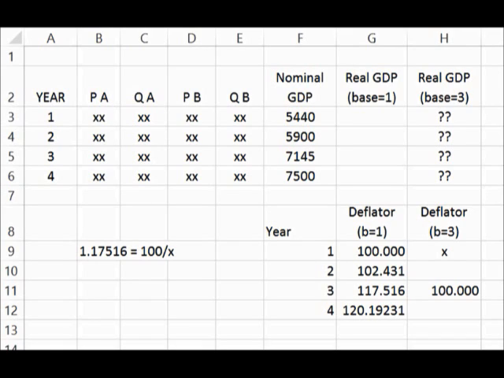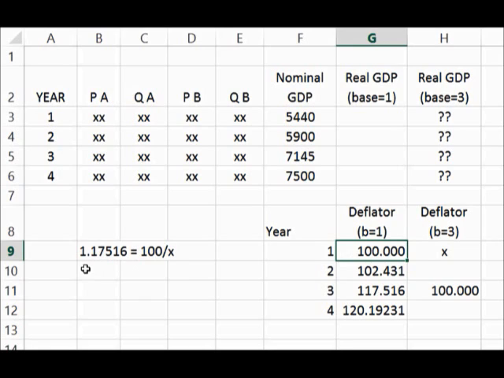So we can use that knowledge that the ratio of corresponding price indices has to be equal regardless of which year we choose as the base year. That's to say that the ratio of this number to this number has to be equal to the ratio of this number to this number. And that's set up in a relatively simple equation over here. So 117.516 divided by 100 is 1.17516.